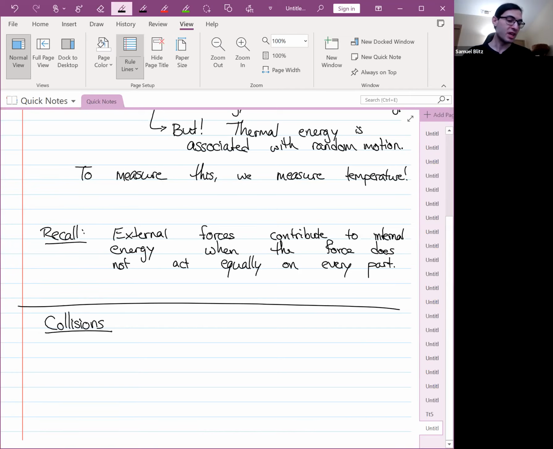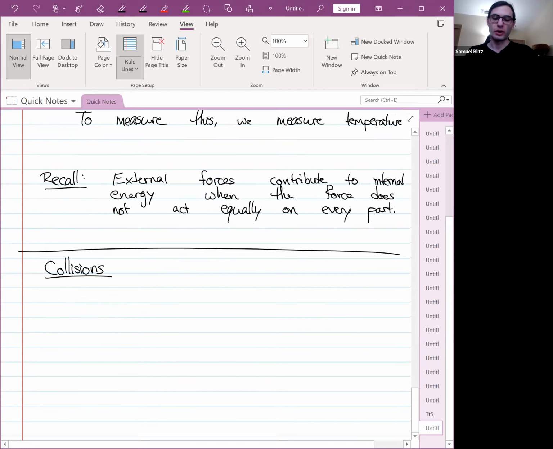In particular, if the collision force is non-conservative, and by the way, a collision can refer to a lot of things, two things sliding together, two things bouncing off a spring, whatever.